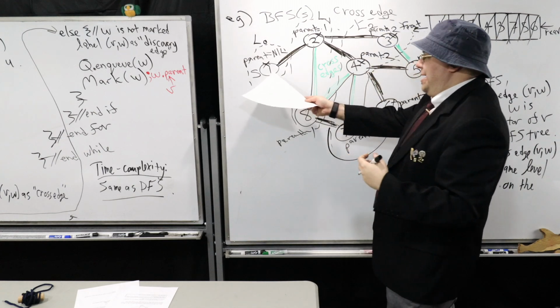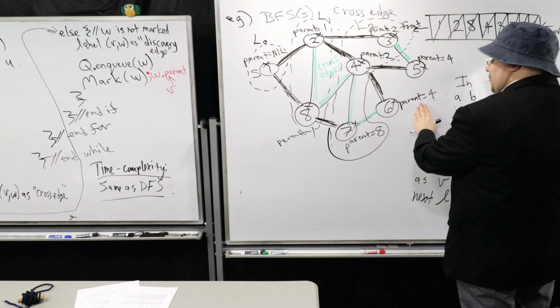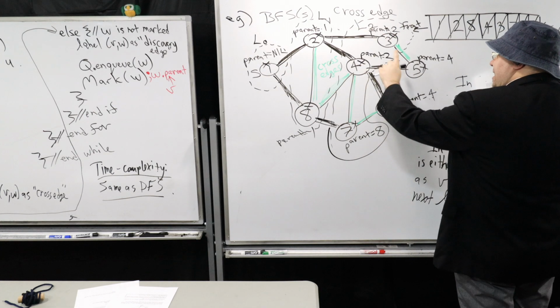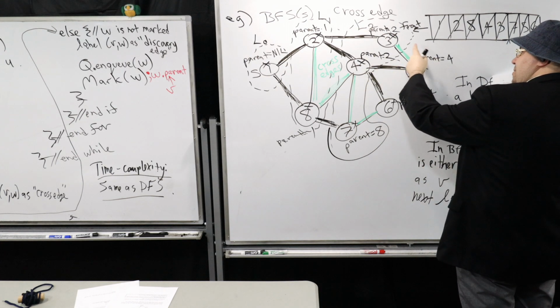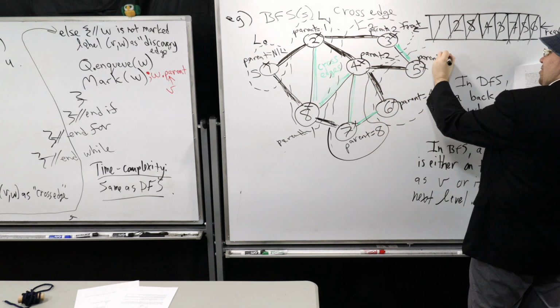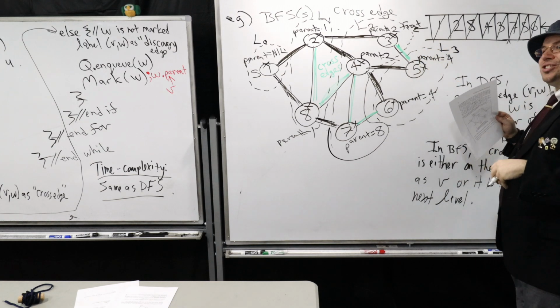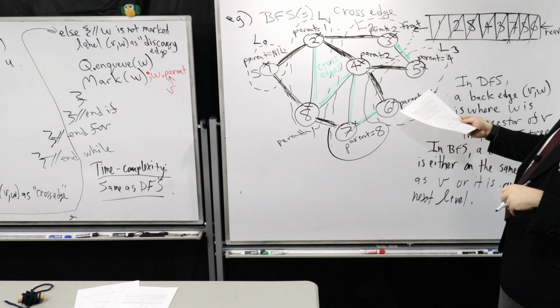Anything I've labeled in this blob or cloud here takes 2 edges to reach from S. Likewise, because the parent of this one is 4, and 4 is right there in the second level, this one's also in the second level. These last 2 are in the third level. It takes 3 edges to reach these from S in our tree.